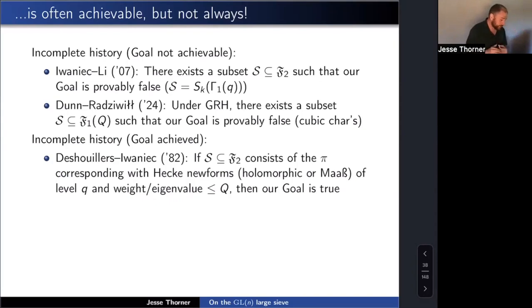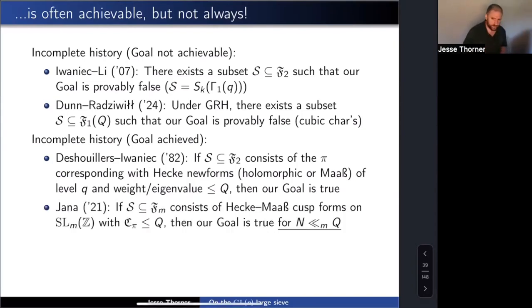I don't want to try to give a complete history here, but a few recent highlights. There's work of Subhajit Jana from 2021, which gives a very nice generalization of the work of Deshouillers and Iwaniec. I'm giving a special case here. He actually proves something slightly more general than what I'm saying.